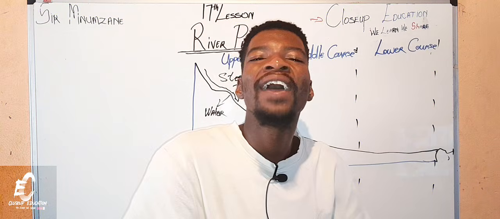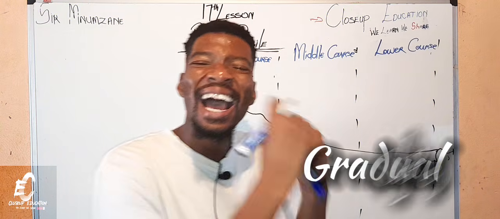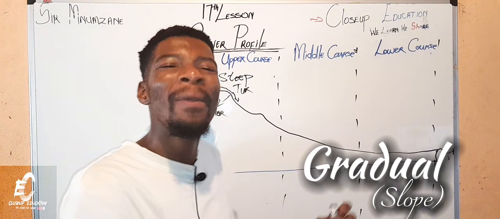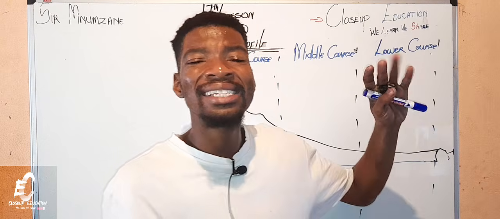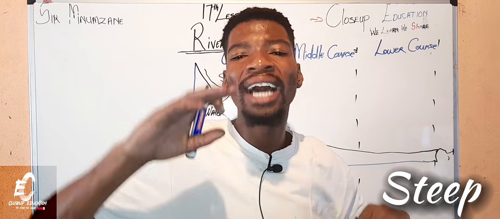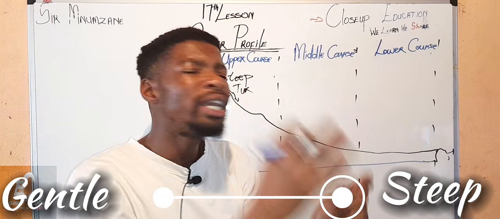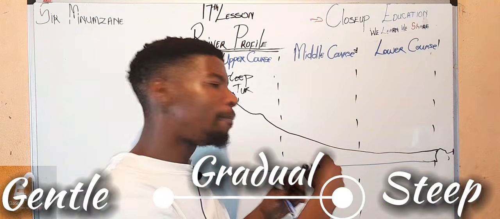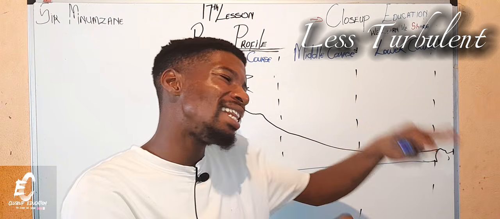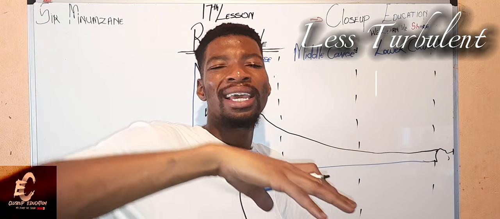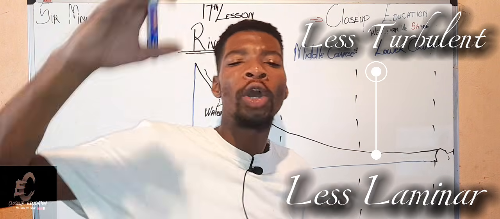Meaning here we have a gradual gradient. The gradient of the slope, it is gradual, meaning it is neither steep nor gentle. It is in between. It is gradual, meaning the turbulent flow is lessened, and also the laminar flow is not at a high speed.